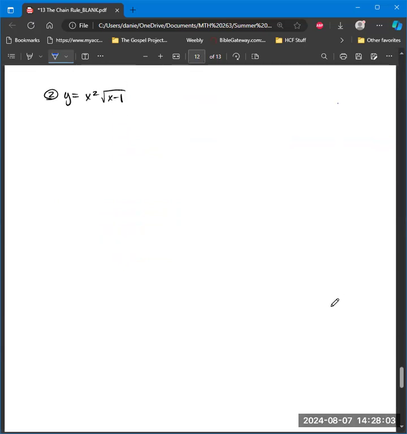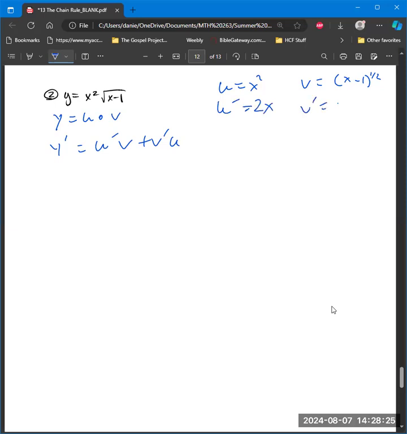Let's move on to this problem. If u is equal to x squared and v is equal to x minus 1 to the 1/2 power, y is equal to u times v, y prime is going to be u prime v plus v prime u. U prime is 2x, v prime is 1 over 2 root x minus 1.